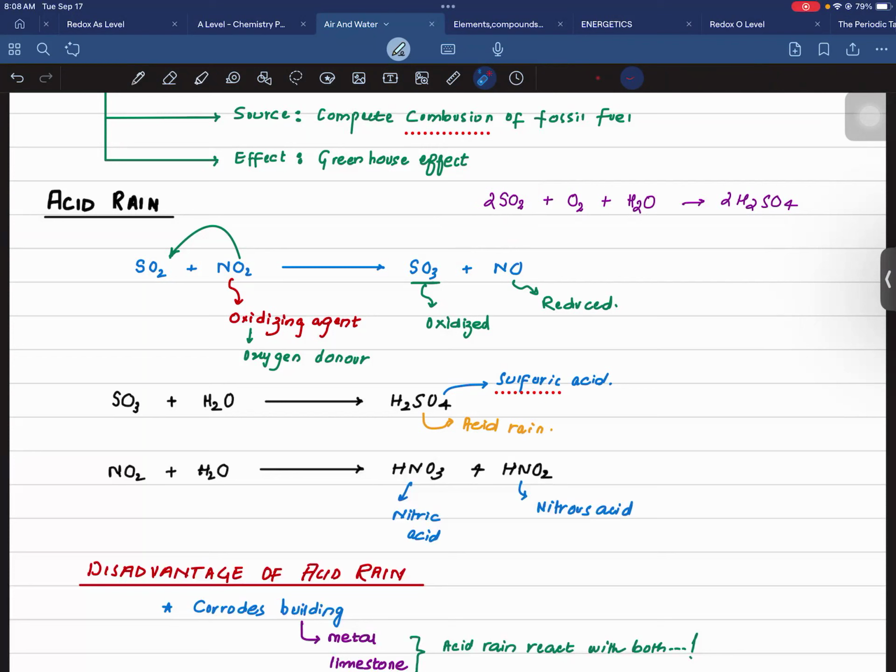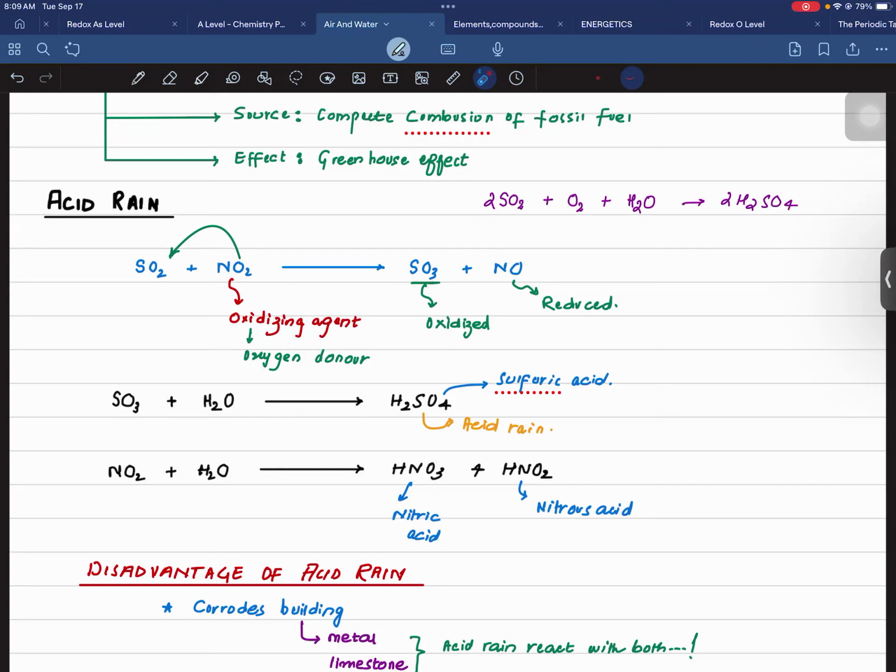In the atmosphere we have water droplets, in the form of moisture, as I told you in the last class. When rain starts, the water droplets mix with this sulfur dioxide and produce sulfuric acid, right?